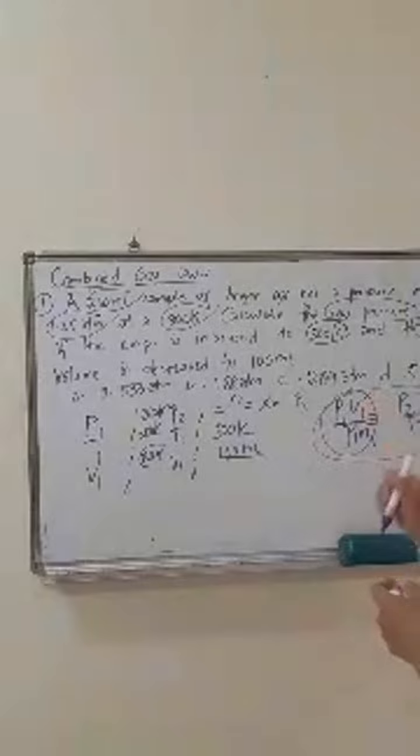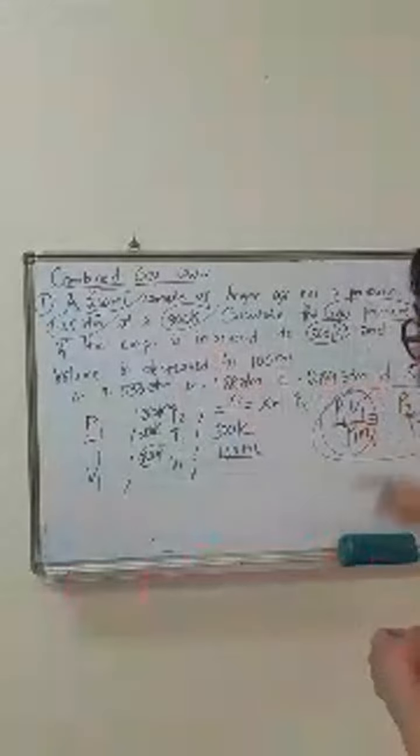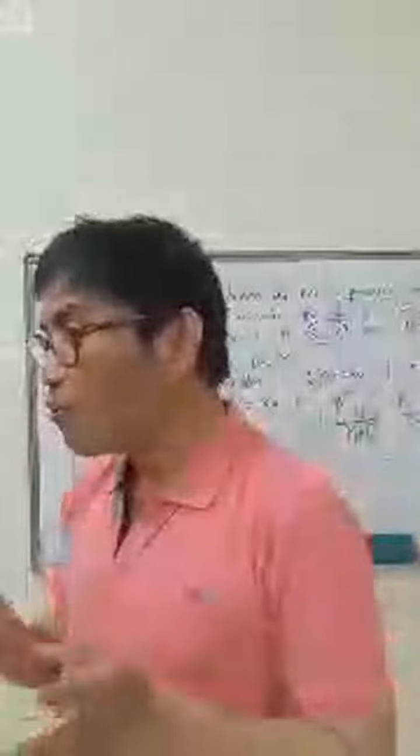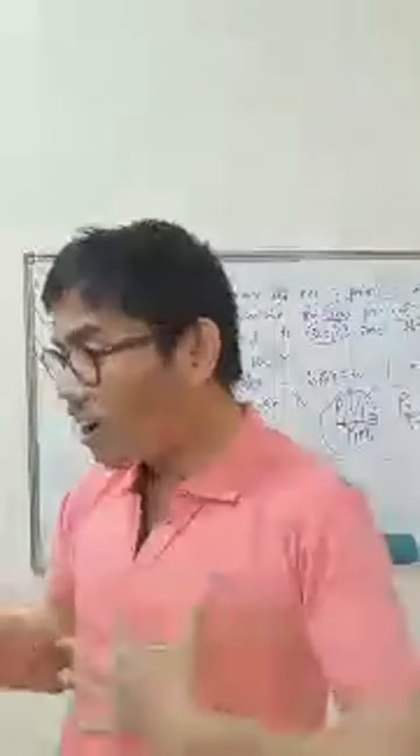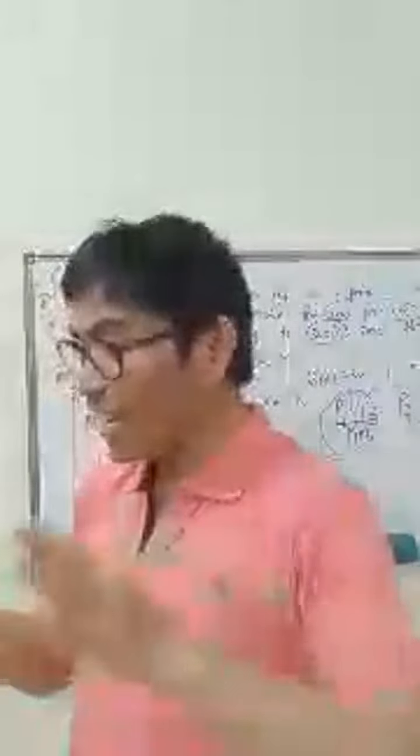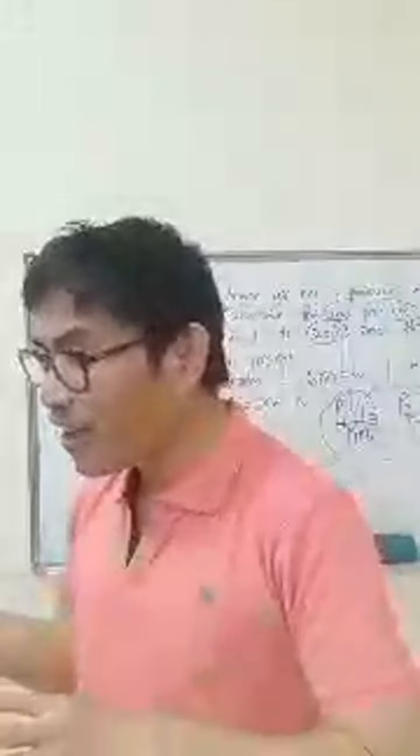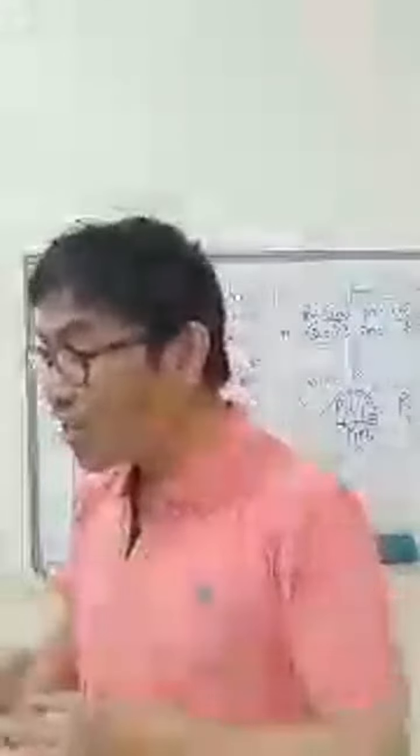Actually this is P1, V1, T1, N1 equal to P2, V2, T2, N2. And in most calculations, if we remember from our general chemistry lecture, we eliminate the number of moles in the denominator. Why? Because we are assuming that they are all 1 mole of an ideal gas. Meaning to say, the number of moles doesn't change.